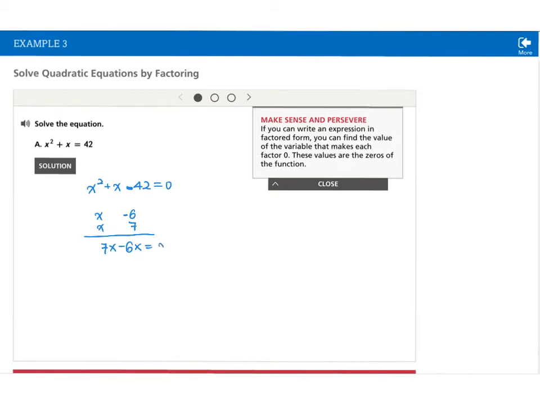Cross multiply, and I get my middle term. My factors are right there. So I rewrote the equation into factored form. Now, based on zero product property, I know that at 6 or negative 7, that's when my equation equals 0. 6 or negative 7 are my zeros.